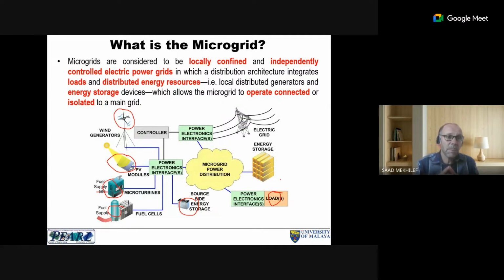I'm sure maybe some of you have used the Homer software. This Homer software actually will help you to do this techno-economic analysis, and also the sensitivity analysis. Sensitivity analysis is where, for example, what will happen if I increase my solar? What will happen if I increase my battery storage? What will be the cost?